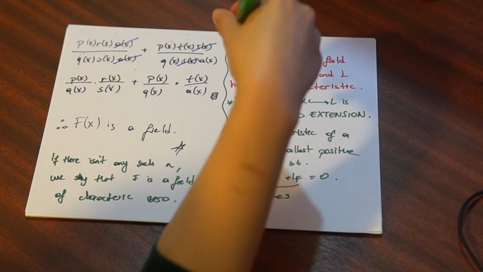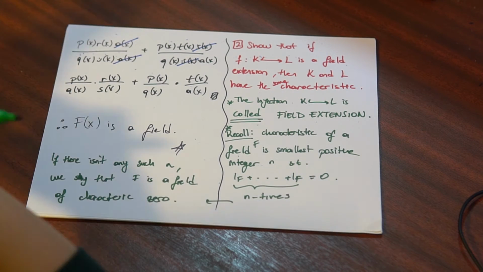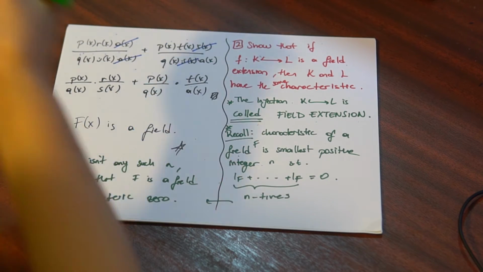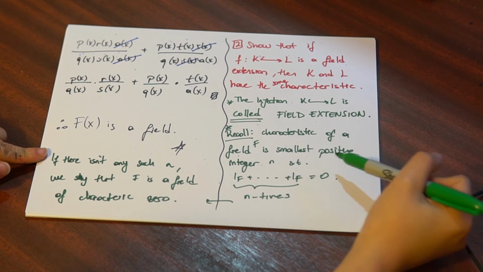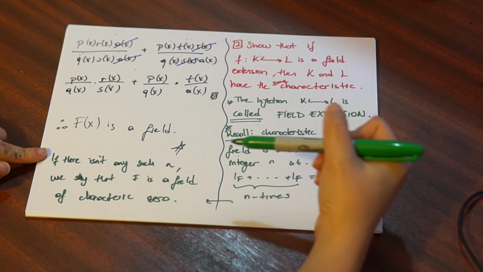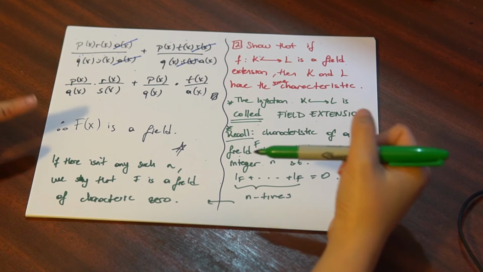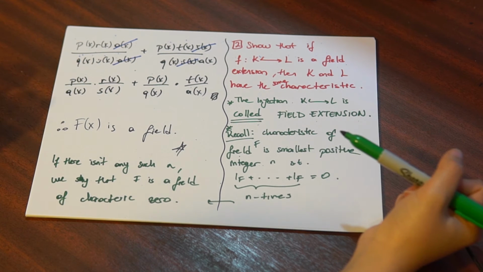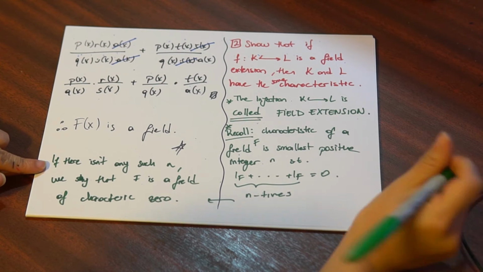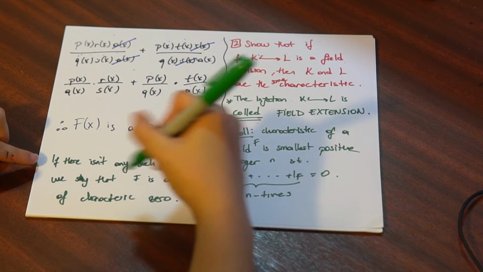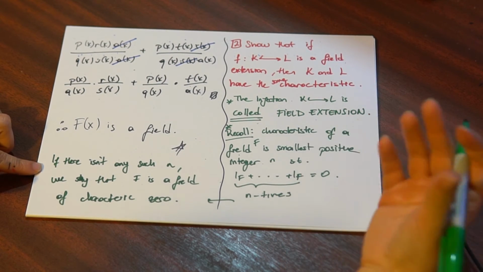So the injection of fields is called a field extension, and the characteristic of a field F is the smallest positive integer n such that adding n times 1 together is equal to 0. If there isn't any such n, we say that F is a field of characteristic 0.